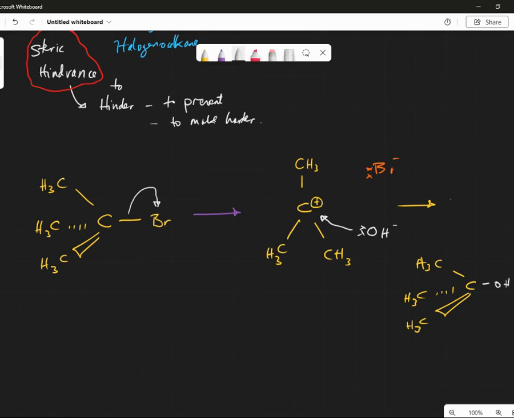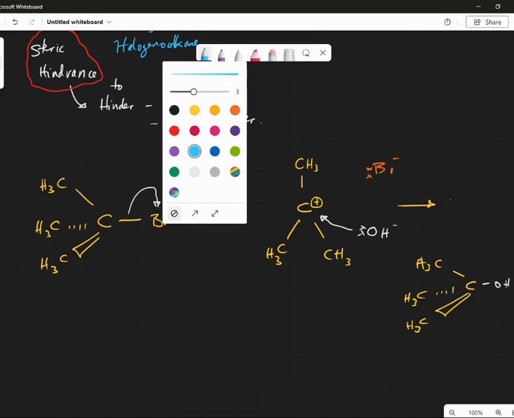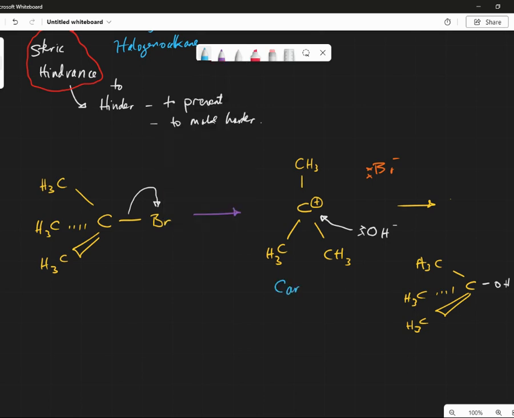Now, the tertiary happens because of this thing called steric hindrance. So you get this thing in the middle, and this thing in the middle is known as a carbocation, because it's a cation, because it's positively charged, and it's an organic species, so we call them carbocations. All right. Now, what's this mechanism?